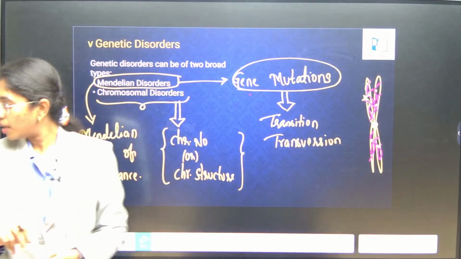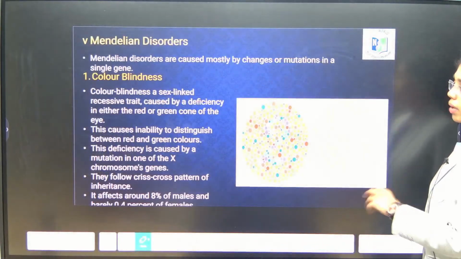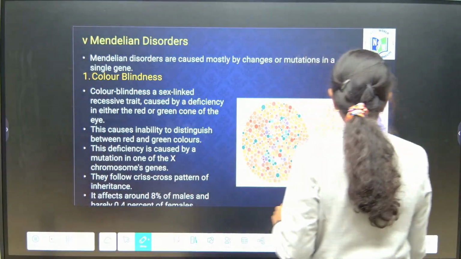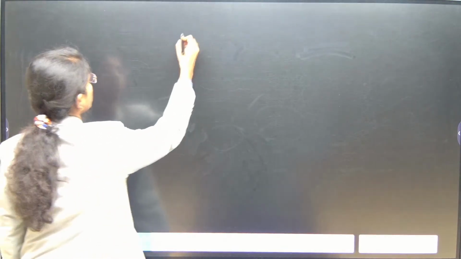Okay. Now, look here at Mendelian disorders. Fine, right? So, before entering into the Mendelian disorders, I have to make a clear note on, just a second, yeah, Mendelian disorders. You take down this flow chart, beta.